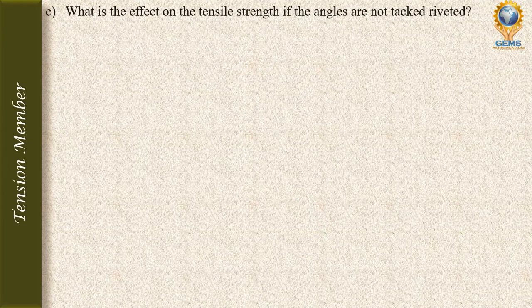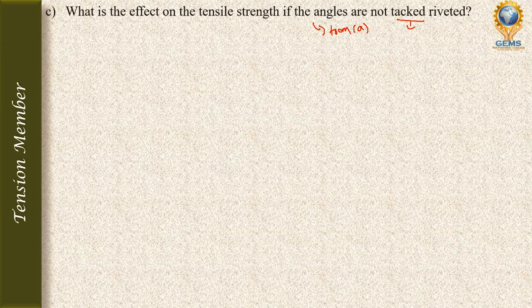And the third condition is, what is the effect on the tensile strength if the angles are not tack riveted? This one is from condition A. In condition A, we have tack rivets. So if tack rivets are not there, what will be the effect on tensile strength?